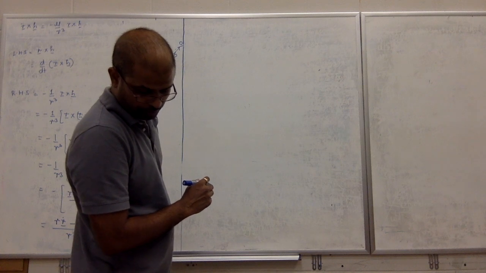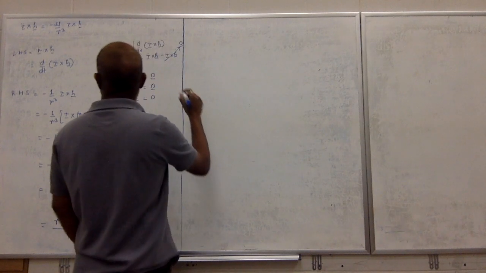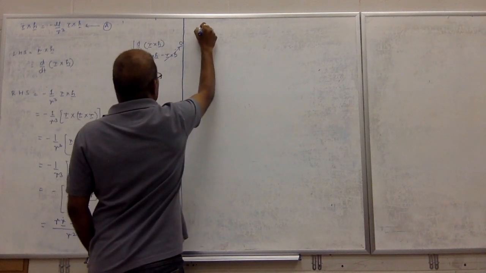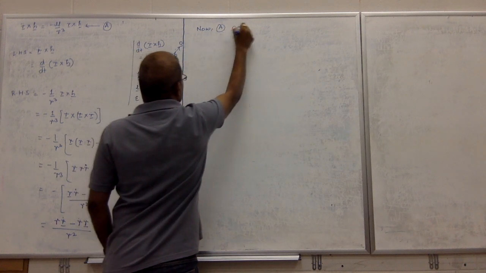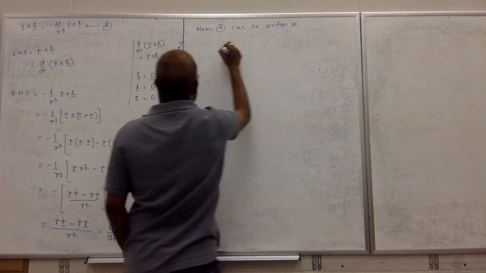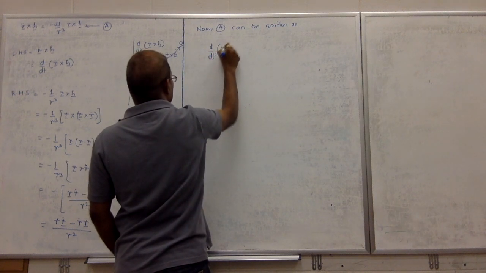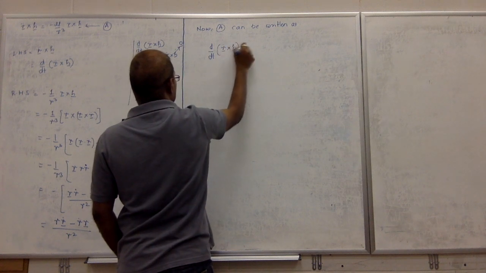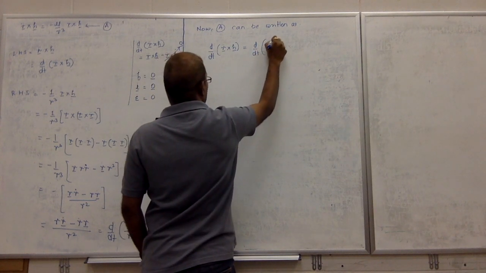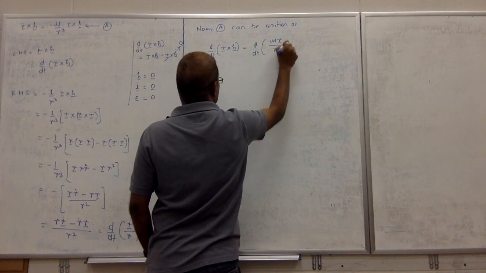I'm just going to call this A. Now A can be written as d over dt of r dot cross h is equal to d over dt of, I'm just going to bring back mu, mu r divided by r.